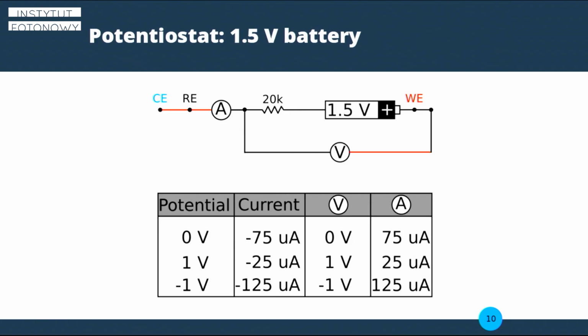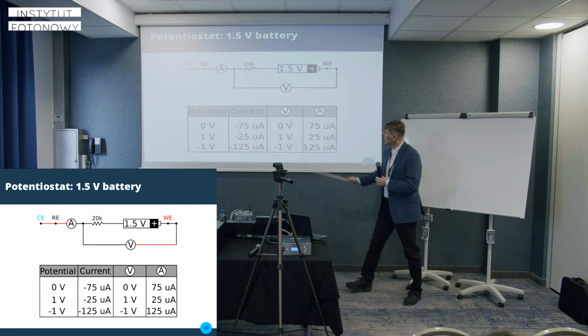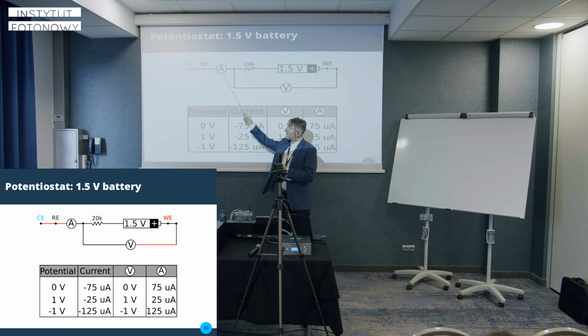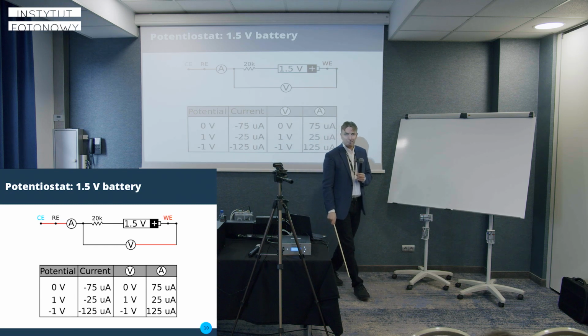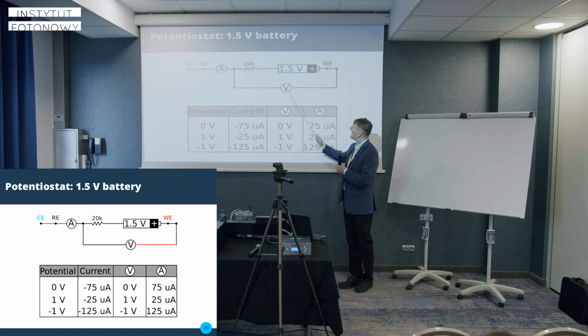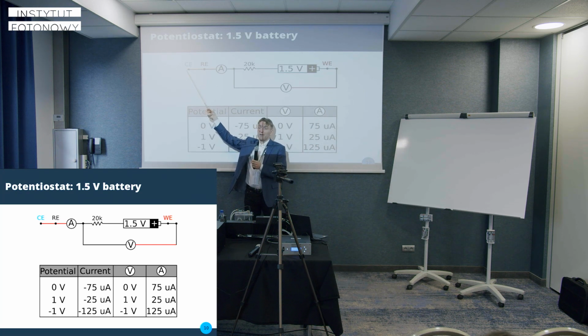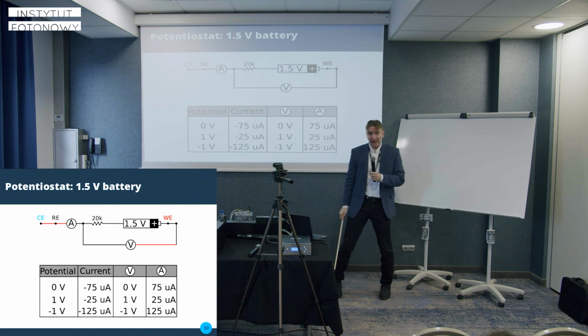All right, now we are introducing the potentiostat to the system. Those voltmeters and ampere meters stay. So you can imagine that we are attaching the working electrode terminal here, the counter electrode over here, and the reference at that point.